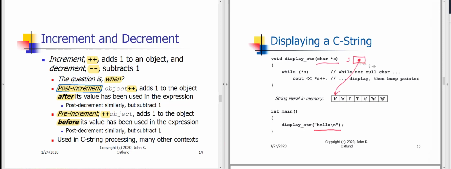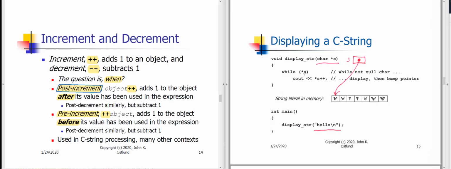So I now have this situation. The variable s in the DisplayStir function has had memory allocated for it, and s has been initialized to point to the little h. Within the body of the DisplayStir function, we are saying while star s. That is, we're going to do something over and over again while this star s test succeeds.